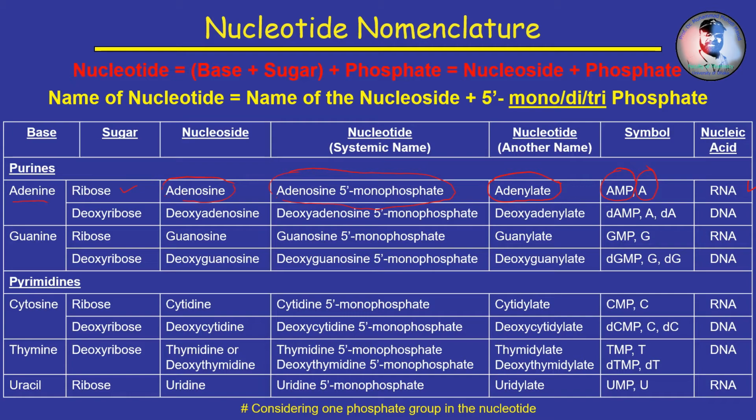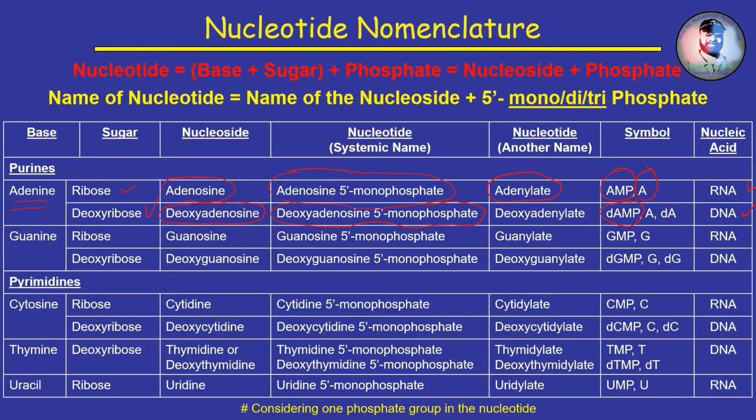Similarly, if the base is adenine and the sugar is deoxyribose, that is, they are part of a DNA nucleotide, then the name of the nucleoside is deoxyadenosine and the name of the nucleotide is deoxyadenosine 5' monophosphate. And the symbol of the nucleotide is dAMP, where small d indicates deoxy.